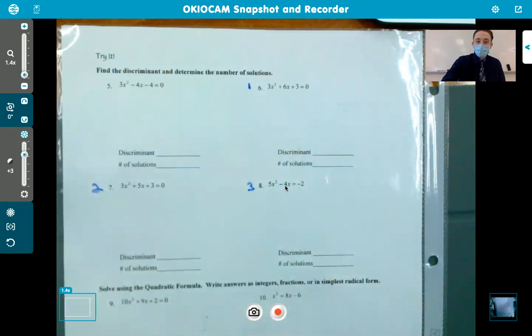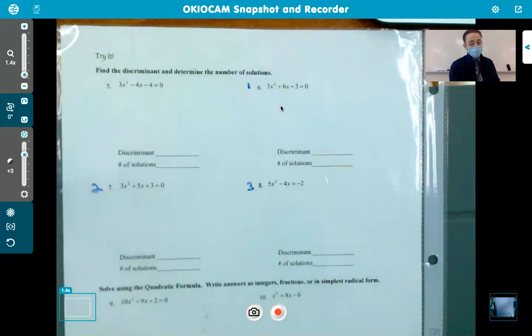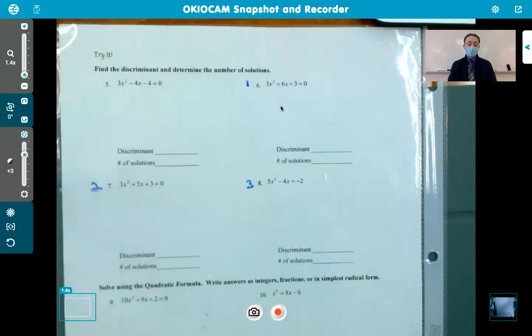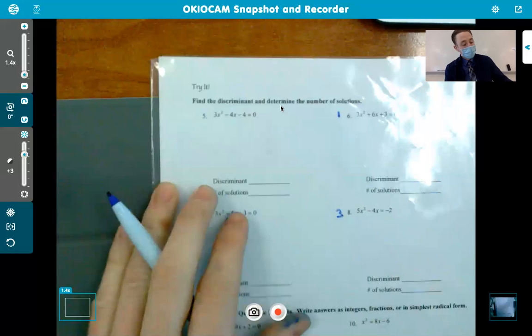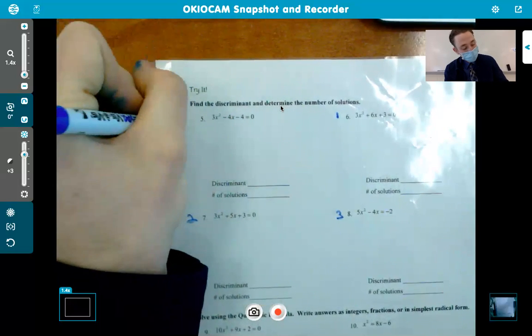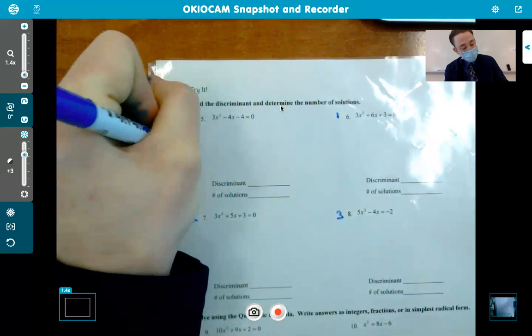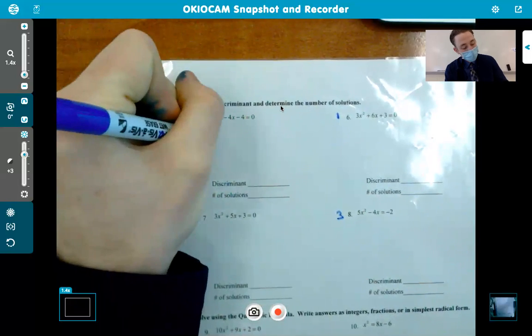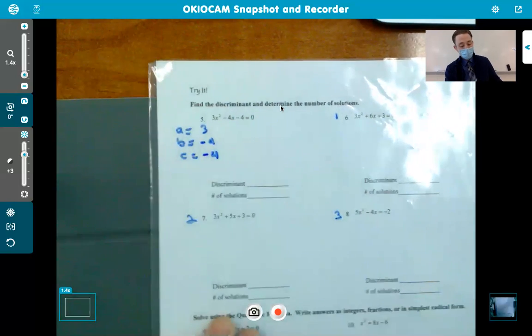Let's check these rooms here. All right, everybody should be back by now. So either Emma or Alice, you guys have number 5. First thing we need to make sure is that we have the equation set equal to 0, okay? Which we have. And then what are my A, B, and C values for number 5? 3, -4, and -4, right?